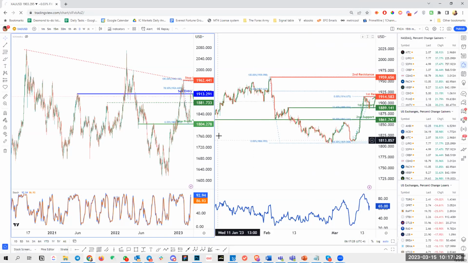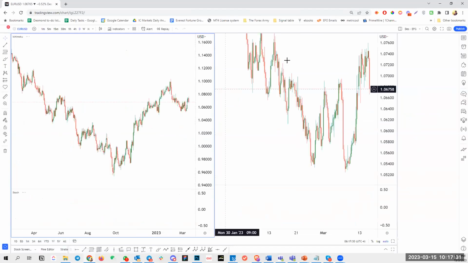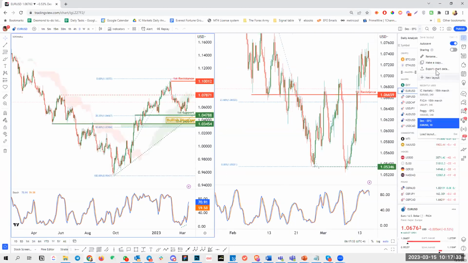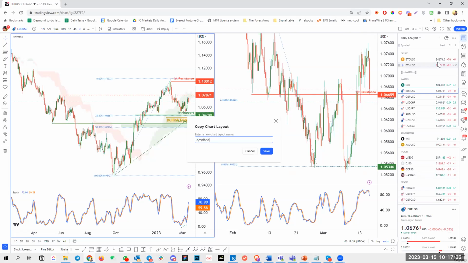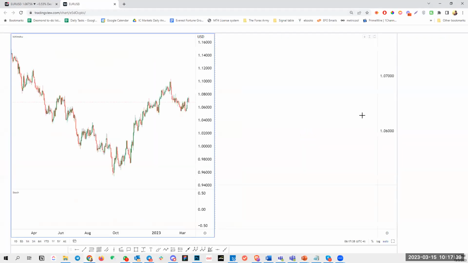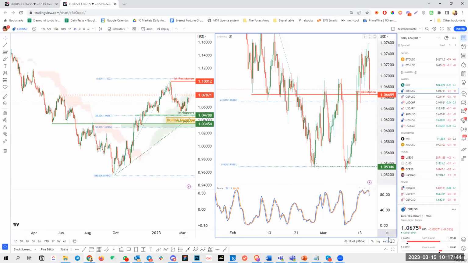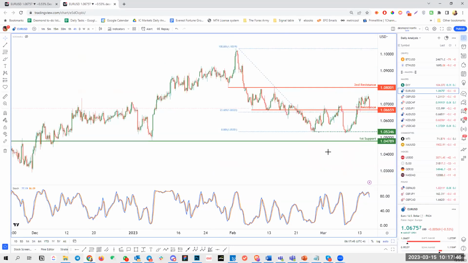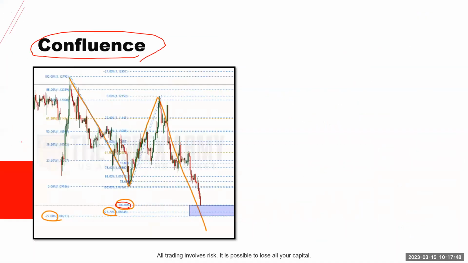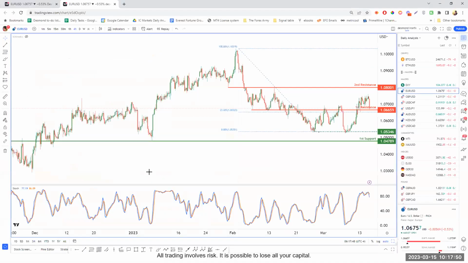Sorry, just let me load this. Let me just make a copy. Okay, let me show you some examples of Fibonacci confluence. We try to look for them together.